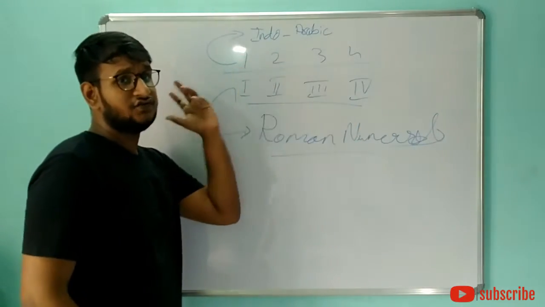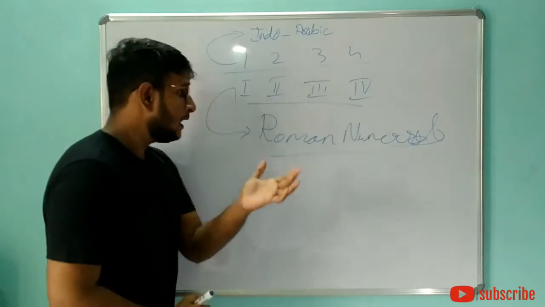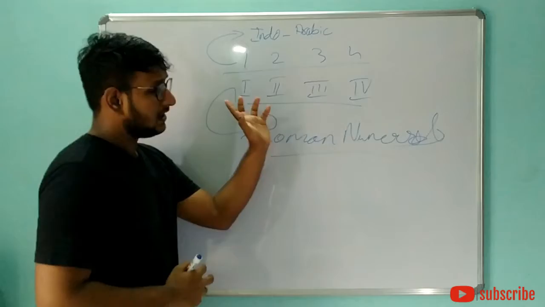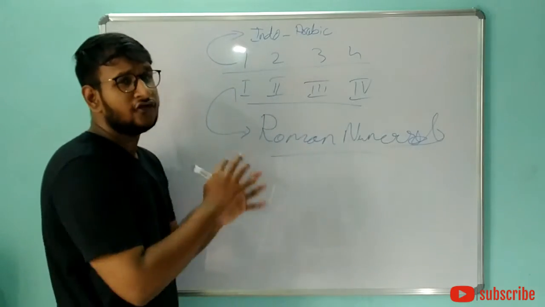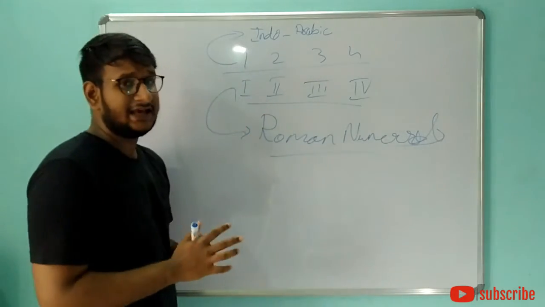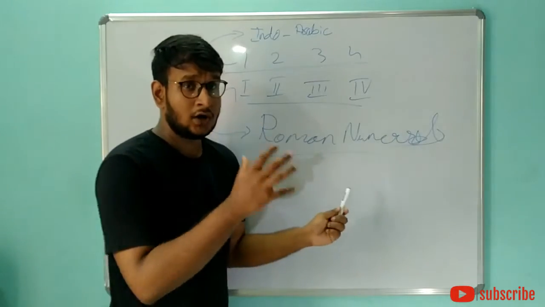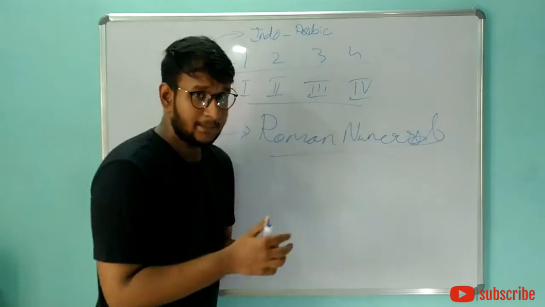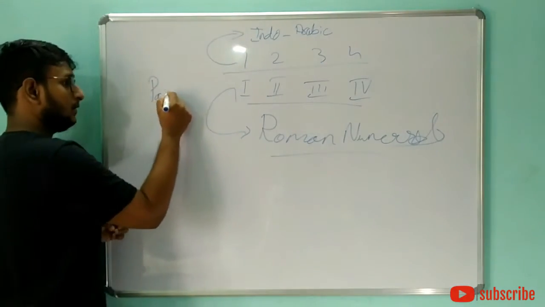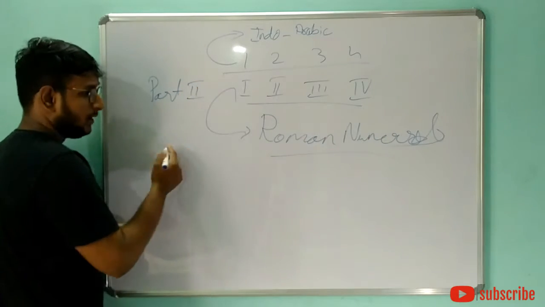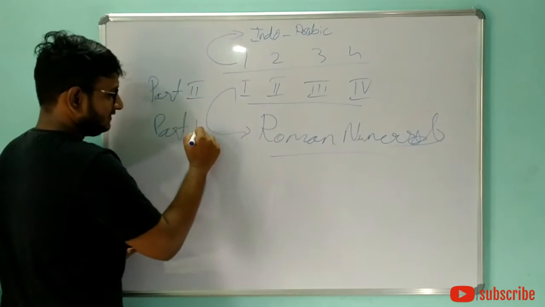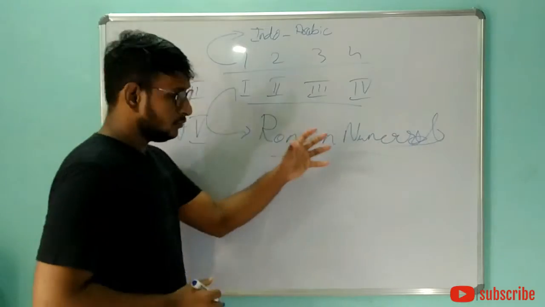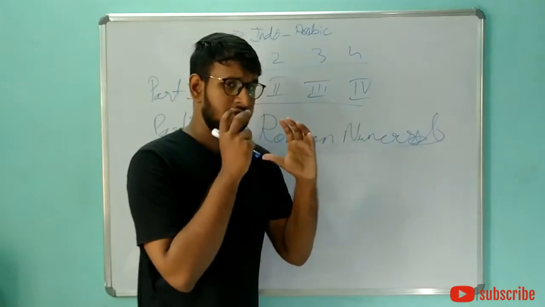This is the number system we use in present-day modern mathematics. But we also tend to use Roman numerals in a few aspects, like in clocks, and in representing part 1, part 2, part 3 of a question paper. Like part 2 or part 5 in a question paper, right? So we are using Roman numerals even now in a few places.